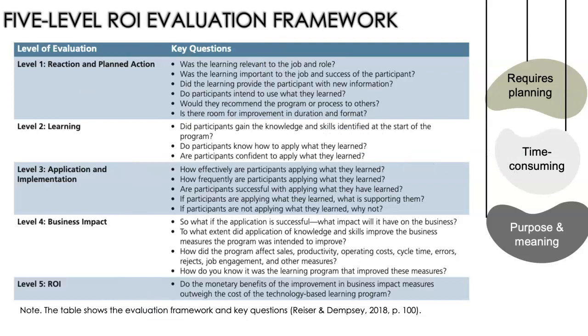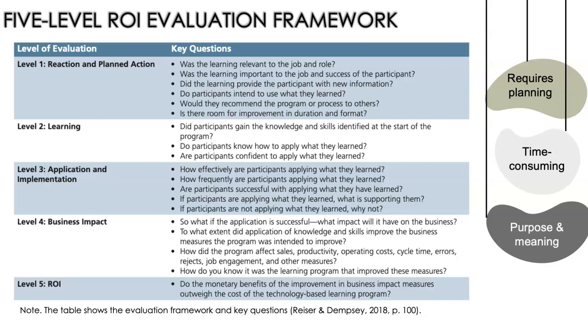Evaluation does require strategic planning, and it's definitely time-consuming, but there is logical reasoning and purpose for the systematic process of the ROI methodology (Razor and Dempsey, 2018). It's also important to note that reporting the ROI alone is not enough. To have meaning, ROI must consider other performance measures that are included in the 5-level ROI evaluation framework.